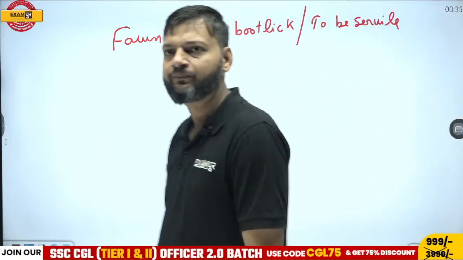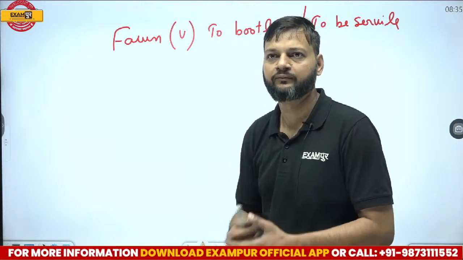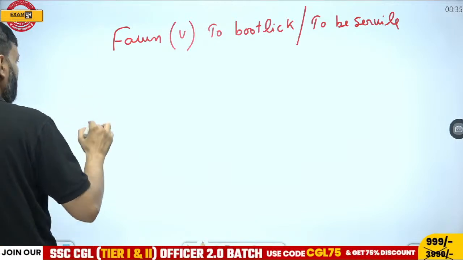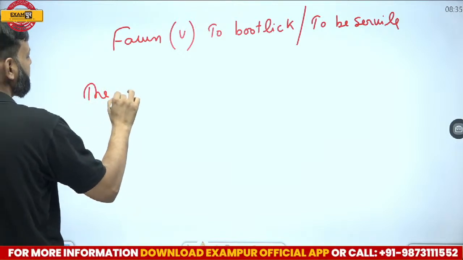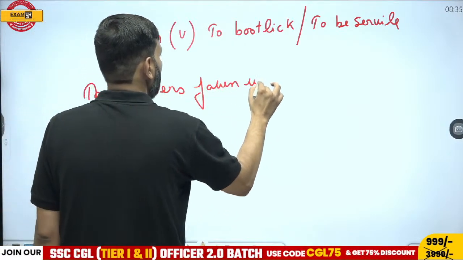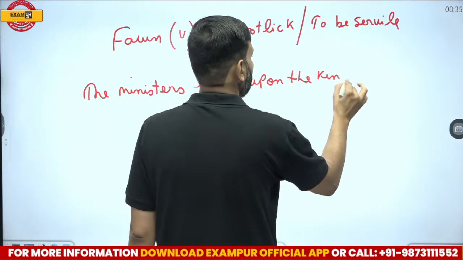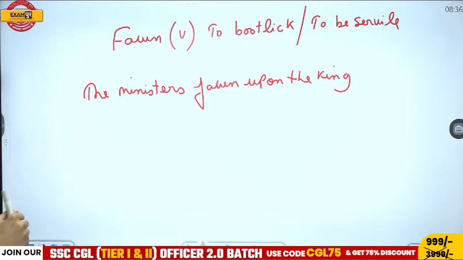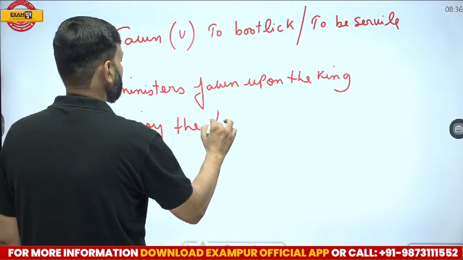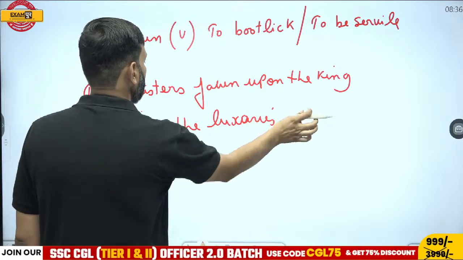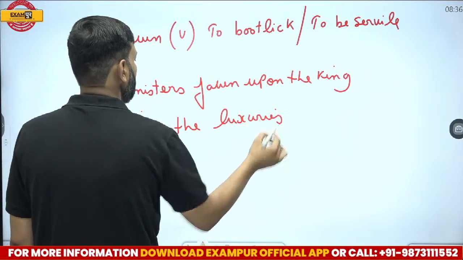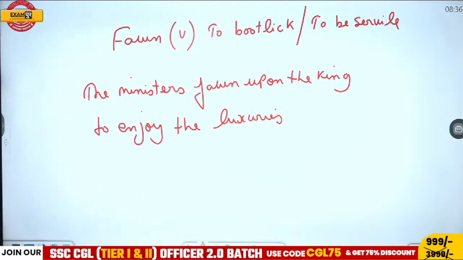For example, the ministers fawn upon the king to enjoy the luxuries.